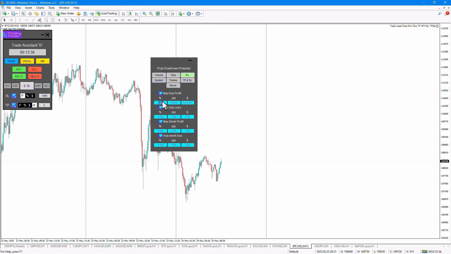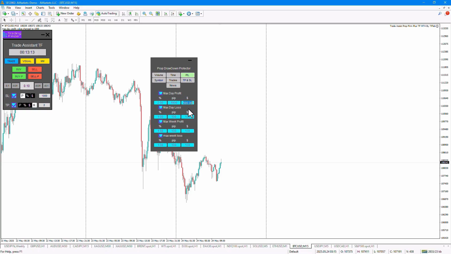In the lower section, we can choose the daily profit amount based on percentage, pips, or dollars. Here I select the daily profit based on 2%. I set the daily profit amount to 1,000 pips, and for dollars I set it to $500.